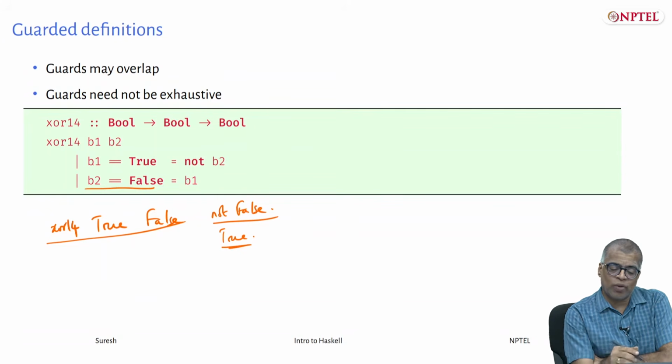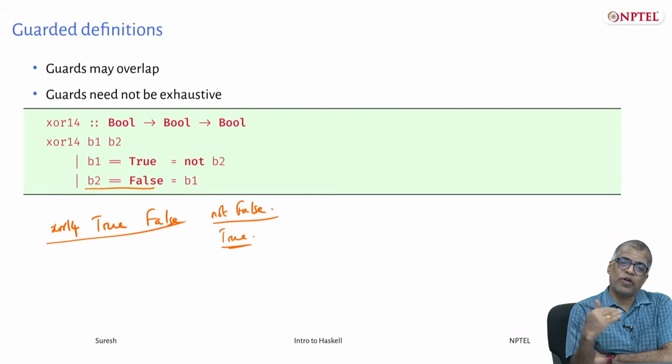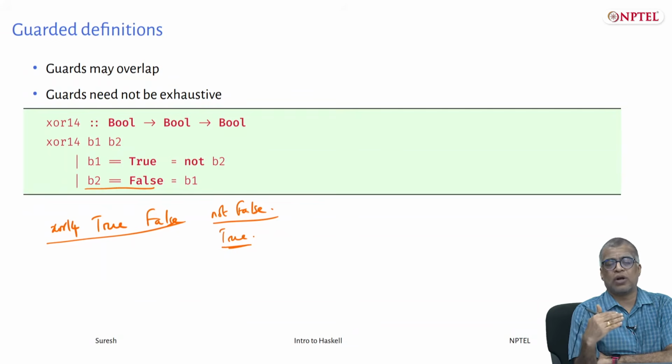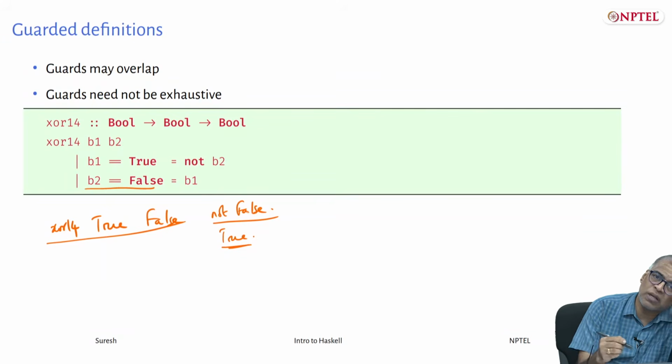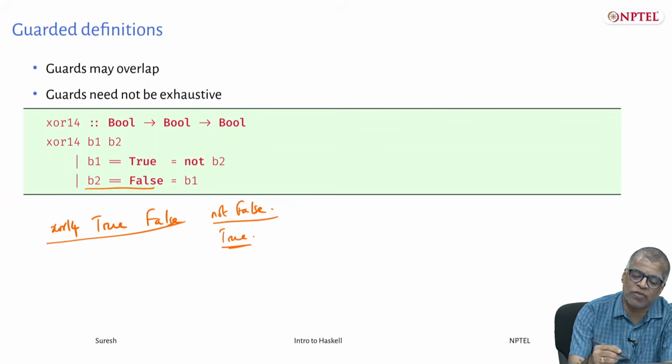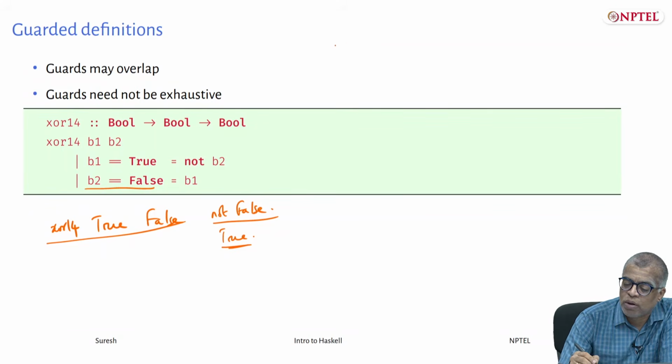But you need to remember when you write guarded definitions that the first guard that is made true will always fire. So this also tells you that you should guard yourself when you write these pattern matching definitions or guarded definitions. You cannot, for instance, write XOR bad.